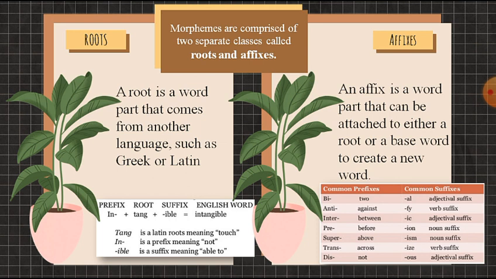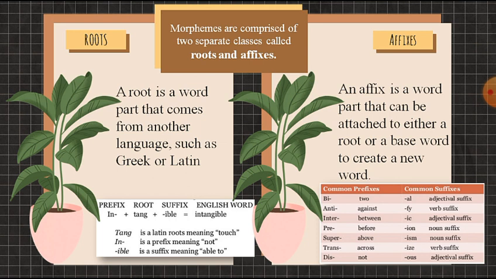Some examples of suffixes are al, ive, ic, ion, ism, ize, ous. Al means an adjective suffix.